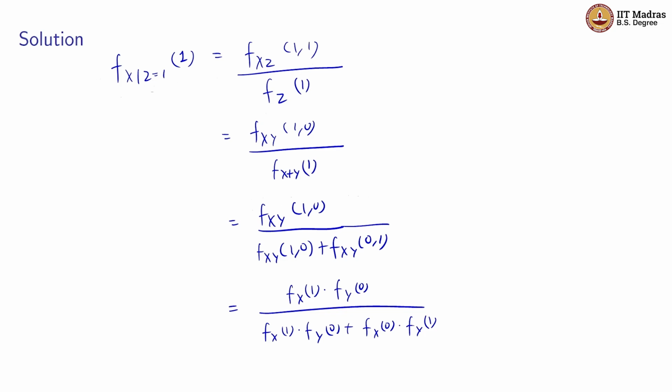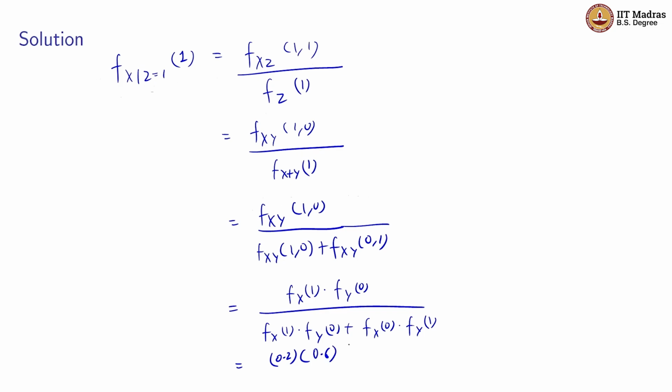Now as both are binomial distributions and we know the values of the parameters for both, simply the probability x is equal to 1 is equal to 0.2 and the probability y is equal to 0 is equal to 0.6.